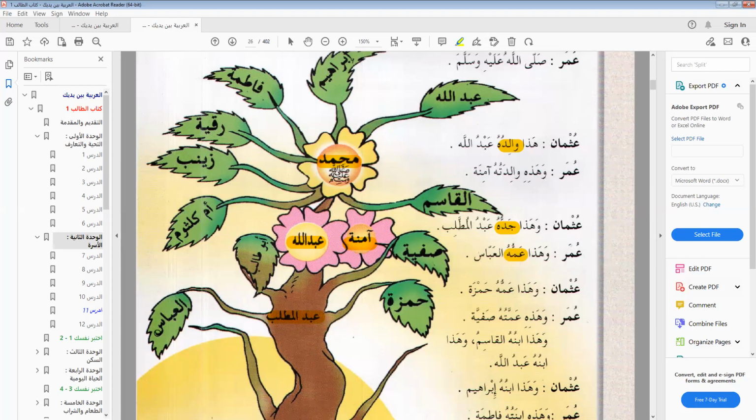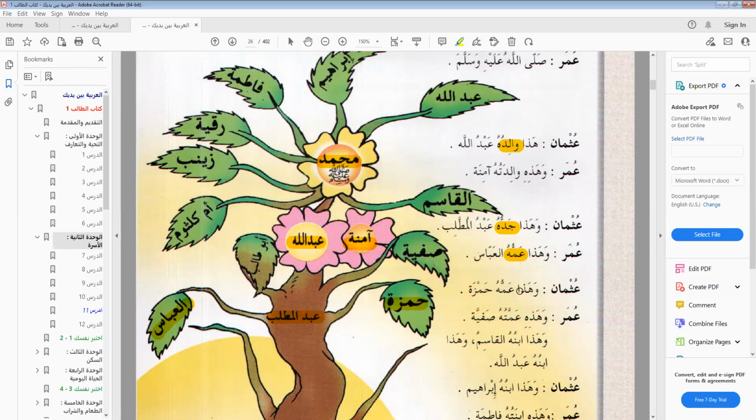So this is al-Abbas. And it says, wa hadha ammuhu Hamza. Hamza is also an uncle. So the Prophet on this tree has two uncles, al-Abbas and Hamza.